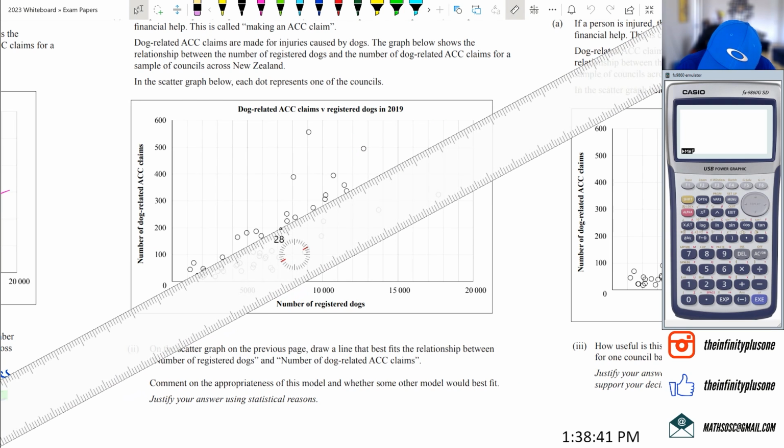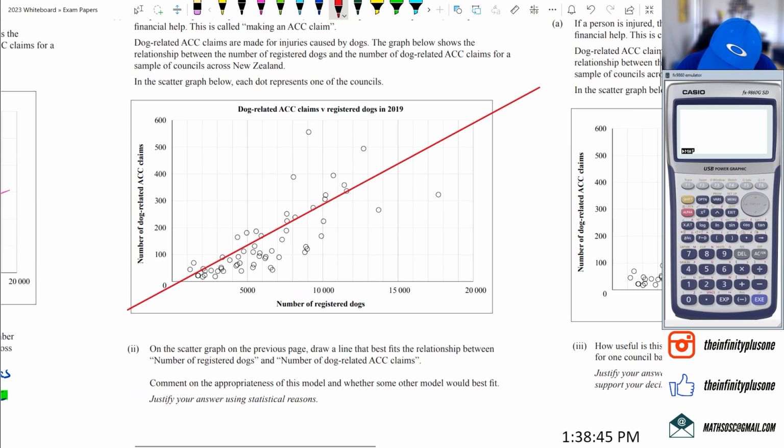Might do that, and again, this is just a rough idea, right? So I've gone with a straight line of best fit. What else? It says comment on the appropriateness. Now the problem with this, maybe I might actually do it like this. Hang on.